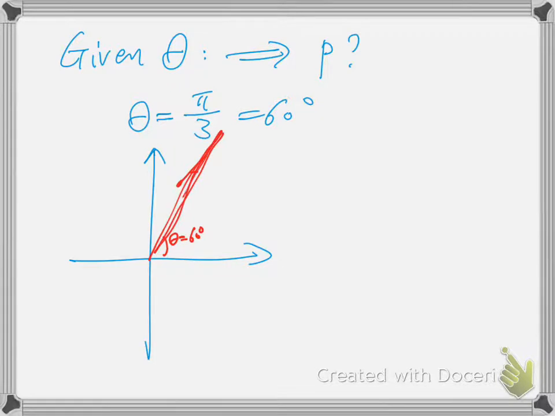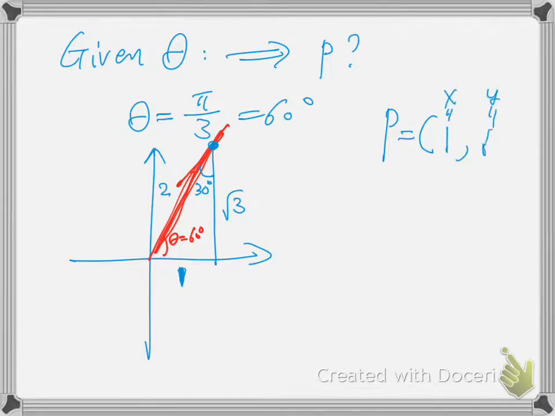So where is our point P? You can choose any point on the terminal side. Then draw the line and label this angle 30. So it's our special 30-60 right triangle. Now we know the lengths of the sides: opposite of 30 is 1, opposite of 60 is radical 3, and the hypotenuse is 2.